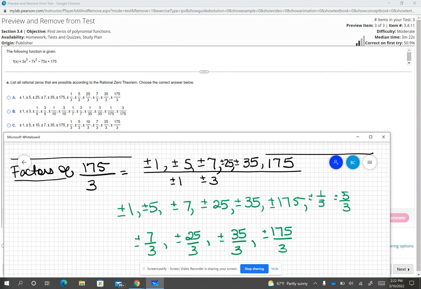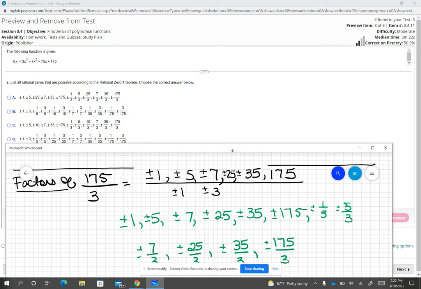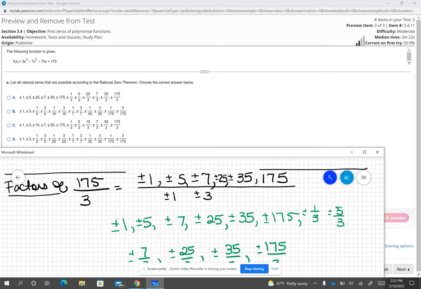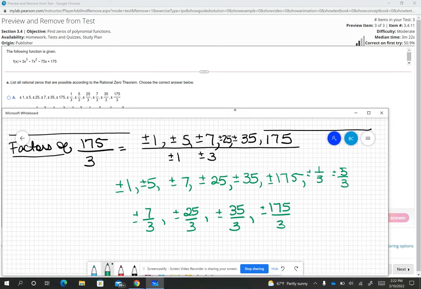C has 10 as a factor, and 10 is not a factor of 175, so that's wrong. And again, D has them flipped. It has the 3 on top and the 175 on the bottom, and that's wrong. So you know it's not B or D because they're flipped. C has a factor of 10 in there. That's not right. So your answer is choice A for this one.